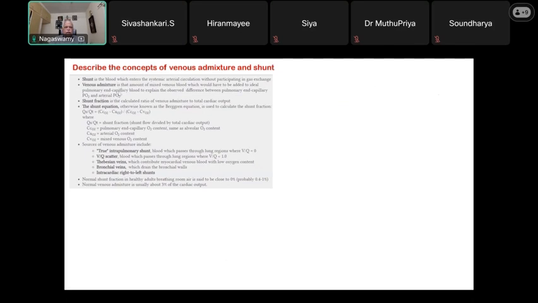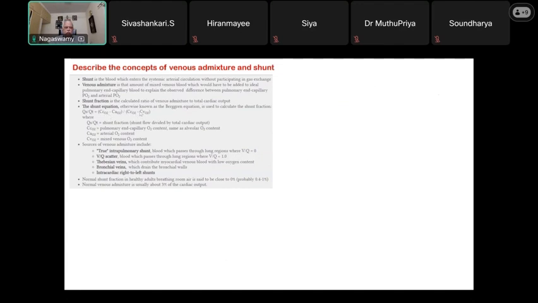So this is the venous admixture. In simple terms, remember it goes through partially ventilated alveoli, whereas shunt is purely venous blood without exposure to oxygen. And shunt fraction is calculated using the ratio of venous admixture to total cardiac output.